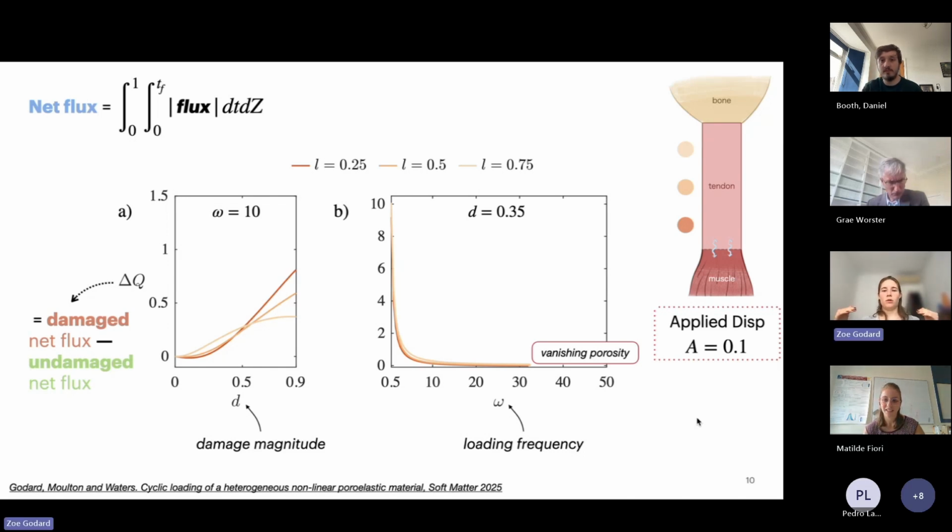Well, if you look at the snapshot of the flux, you're getting this increase in flux to the left of the damage and this decrease in flux to the right. So you're basically getting a flux into that damage point. But that also changes a little bit throughout the cycle. But the biggest effect that you're seeing is that profile.